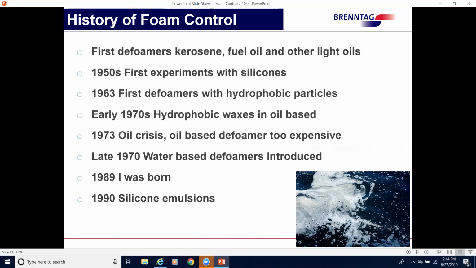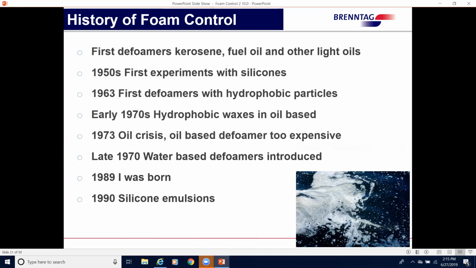In the early 1960s, we had our first defoamers with hydrophobic particles. In the early 70s, we started to see oil-based hydrophobic waxes. And in 1973, when the oil crisis hit, it caused an issue in the industry because these oil-based defoamers began to be too expensive. As a result, moving towards the end of the decade, water-based defoaming agents were starting to be introduced.